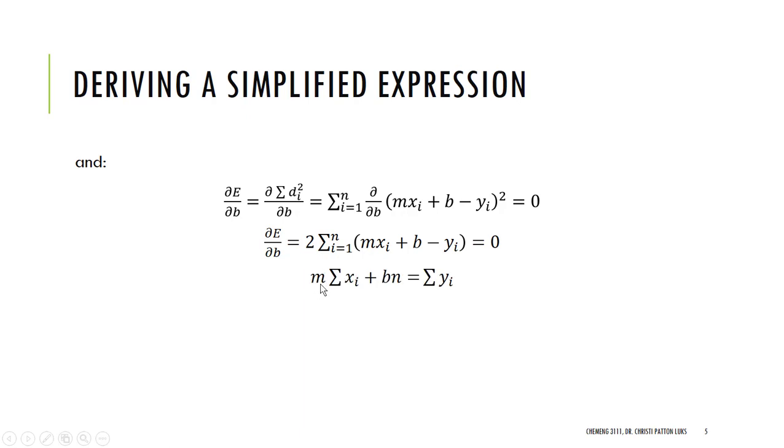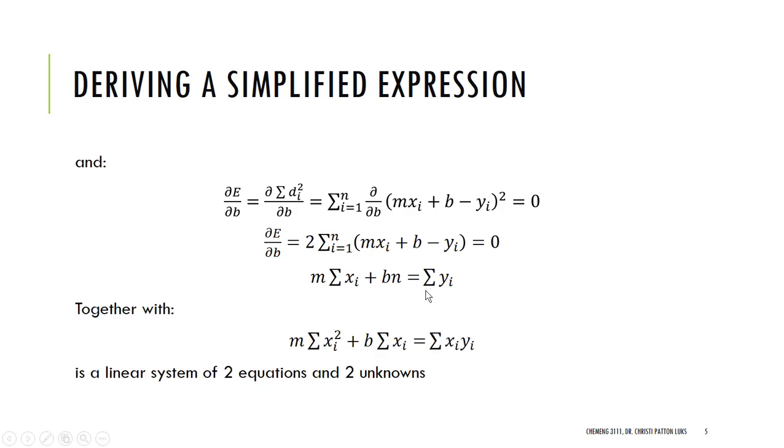What I see is that m times the sum of my x's plus b times the sum of a bunch of 1's. If I have n 1's added together, it's just n. And that's equal to the sum of my y's. I'm going to combine that with my previous equation, and I have 2 equations with 2 unknowns. So I solve this for m and for b.